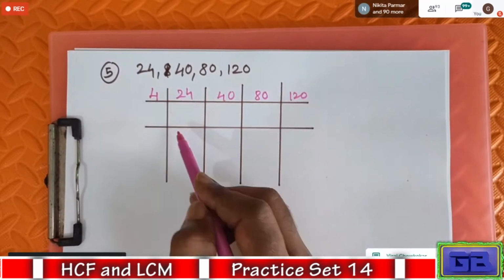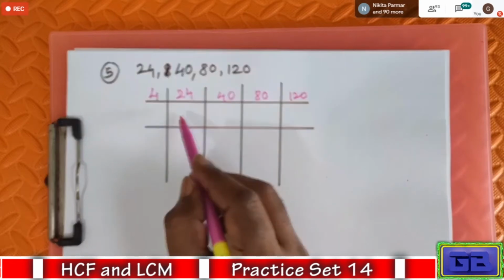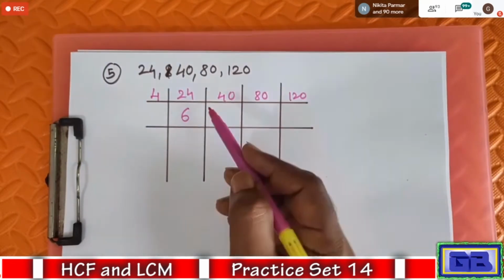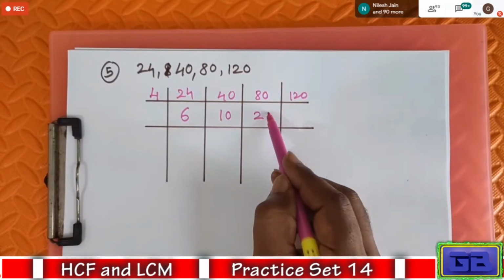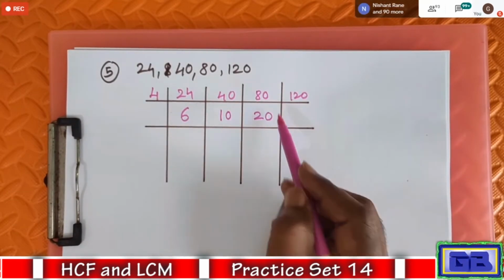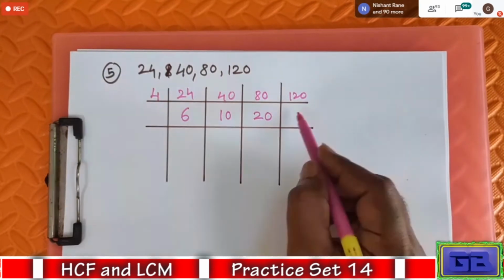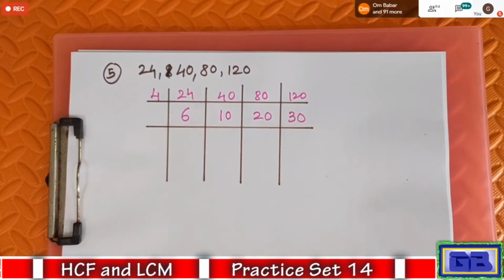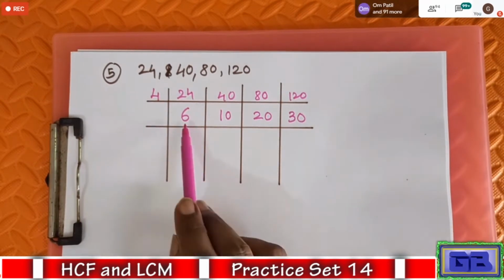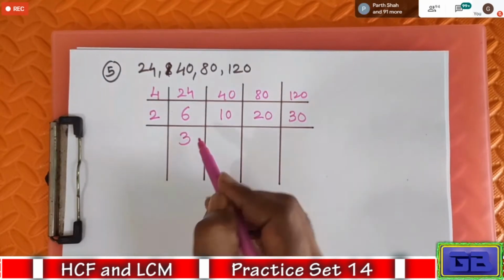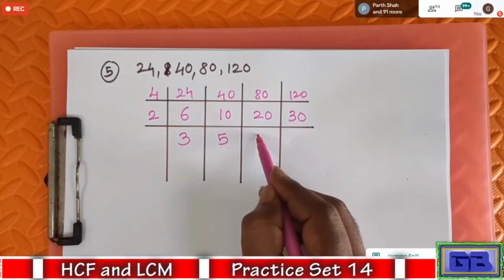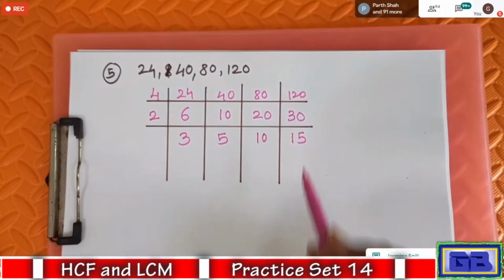4 sixes are 24. 4 tens are 40. 4 twenties are 80. And 4 thirties are 120. Now again, all these numbers are divisible by 2. 2 threes are 6, 2 fives are 10, 2 tens are 20, 2 fifteens are 30.